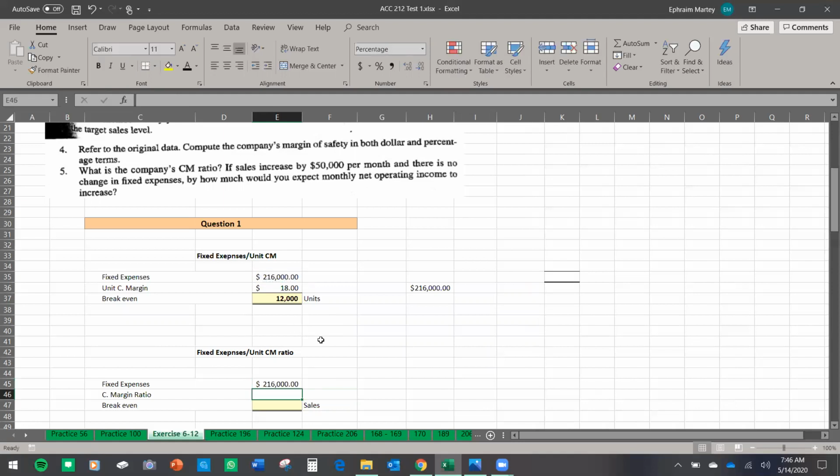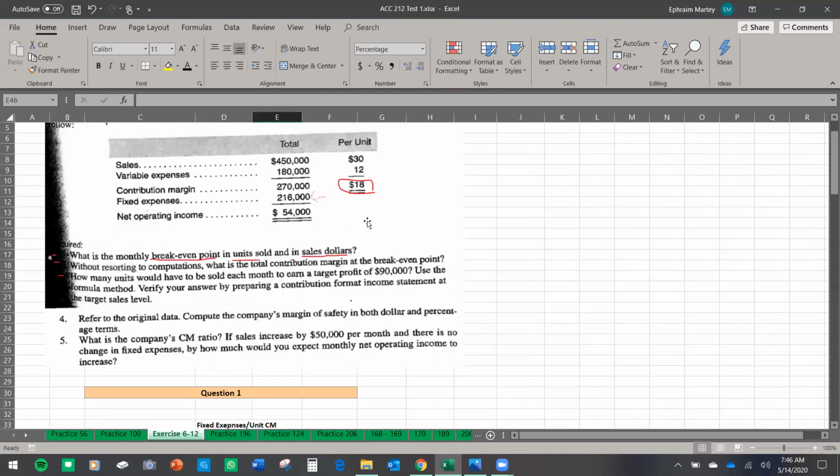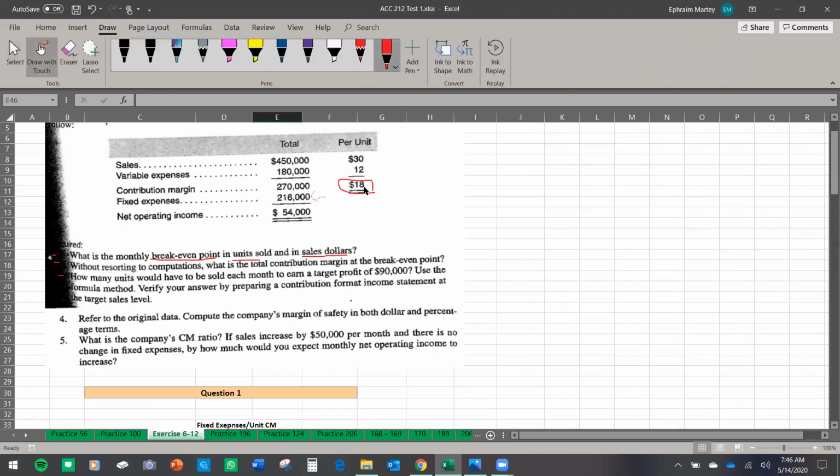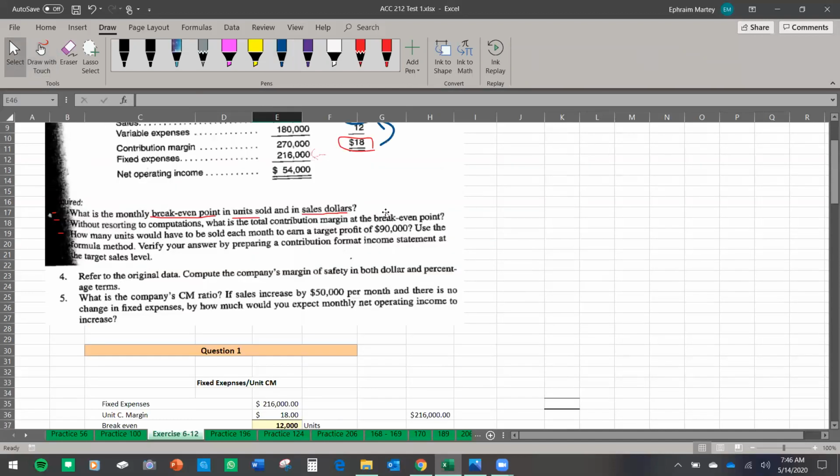But what is the unit CM ratio? The ratio is how much percentage of contribution margin out of sales, that is out of 30. Okay. So how much of this one out of that one over there? Okay, so we're using these two numbers. That's the percentage of 18 out of 30. Okay, so that's what we're going to use here.